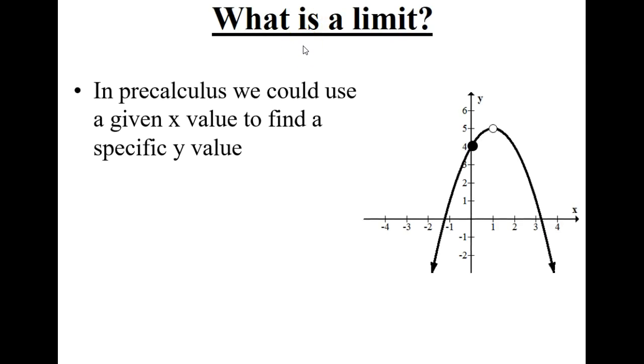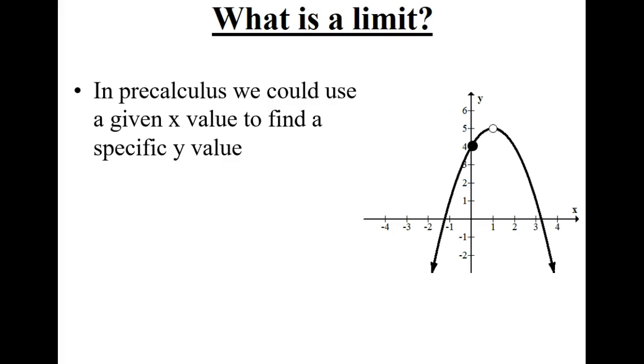In pre-calculus, we could use a given x value to find a y value. So if I said x equals 0, what's the y value? 4, right? It's this point right there. When x equals 0, y equals 4.